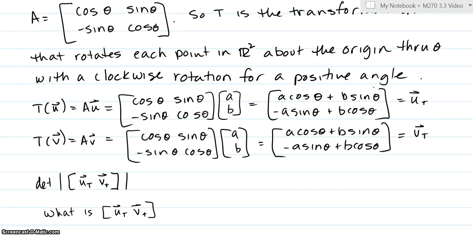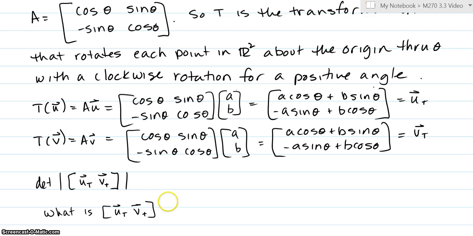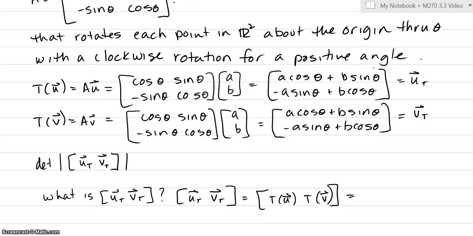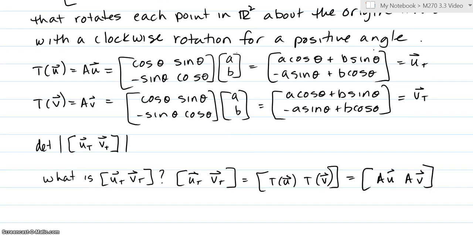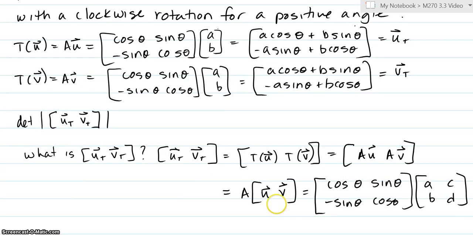So we need to really look at R2 cross R2, because this is equal to T of U and T of V, which is AU plus AV, which we know is A times UV, where A is our rotation matrix, U is AB, and V is CD.